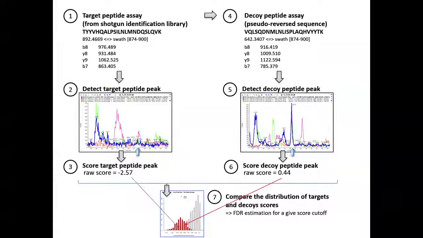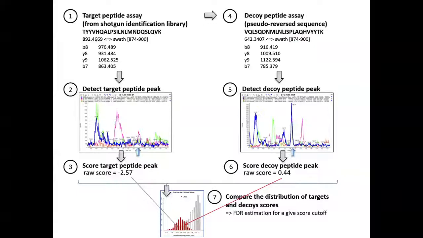And of course, for example, the relative intensity of the fragments is close to 1 to 1 to 1, maybe different from the one that you expect from the library, from the target peptide. But at least here the score is pretty decent. And this makes a decoy that scores pretty high in the decoy distribution on the right-hand side here.